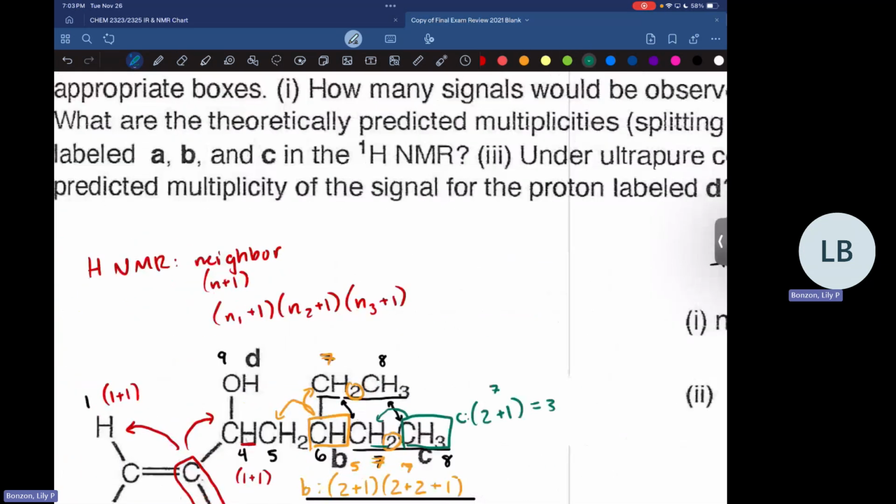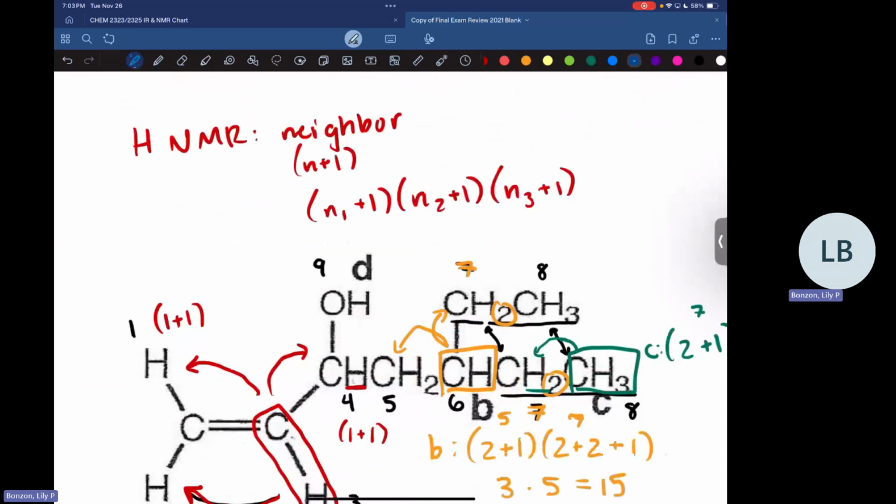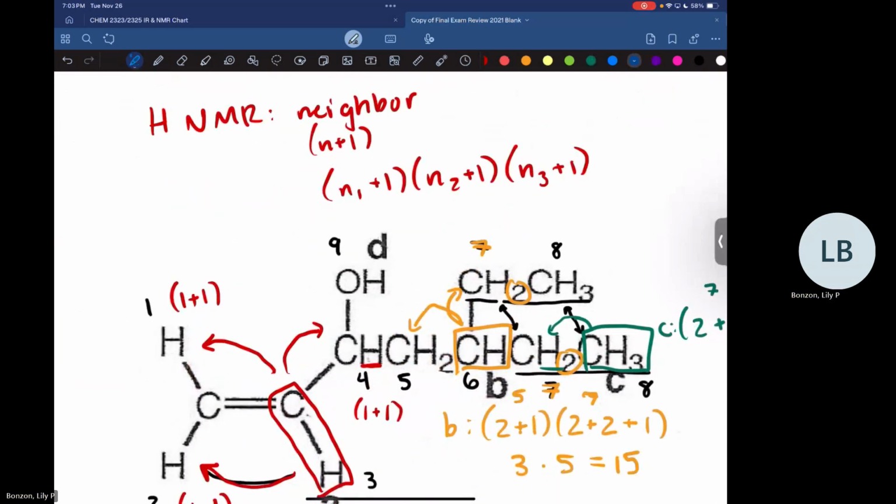Okay, then we're looking at HD, which is on this alcohol. So we're looking at this hydrogen. Our neighbor is going to be this CH group. So we have 1 neighbor. And so that's going to give us 2.